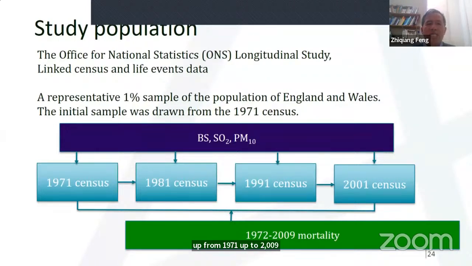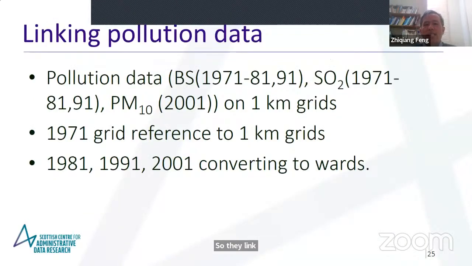So they link pollution data, for example, they link black smoke of 1971, 81 and 1991. And for SO2, that's 71 up to 91. And for PM10, this data is from 2001.